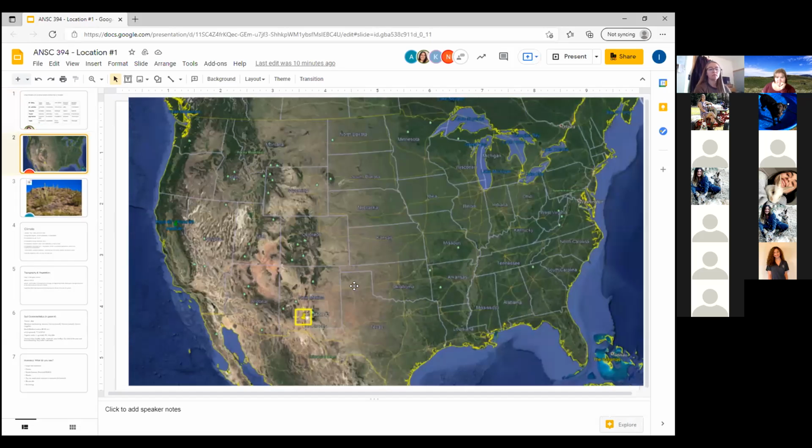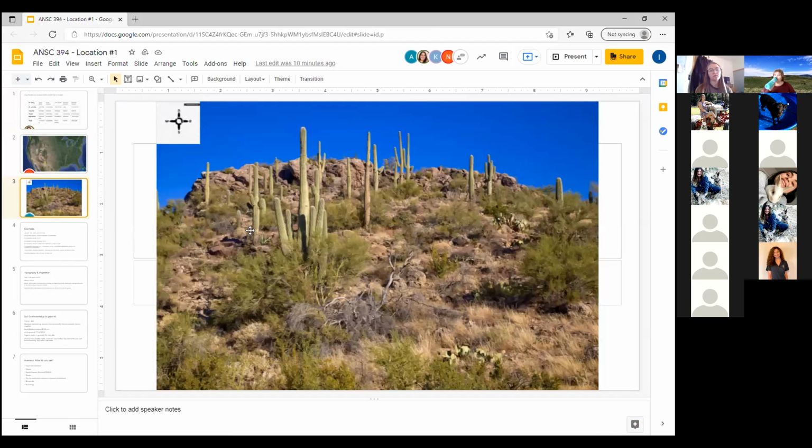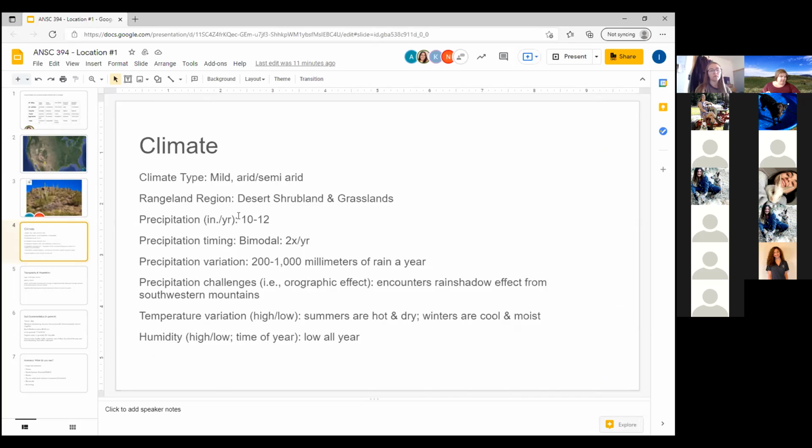So this is the picture that we got, and our area was right here, and this is what the area looks like. Based off of these pictures, we came to the conclusion that it's a desert shrubland and grassland, more on the desert shrubland side. The climate type is mild and arid to semi-arid, and precipitation is 10 to 12 inches per year.